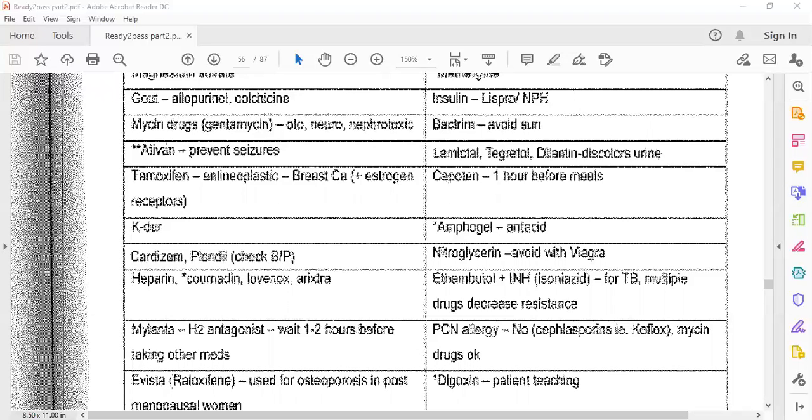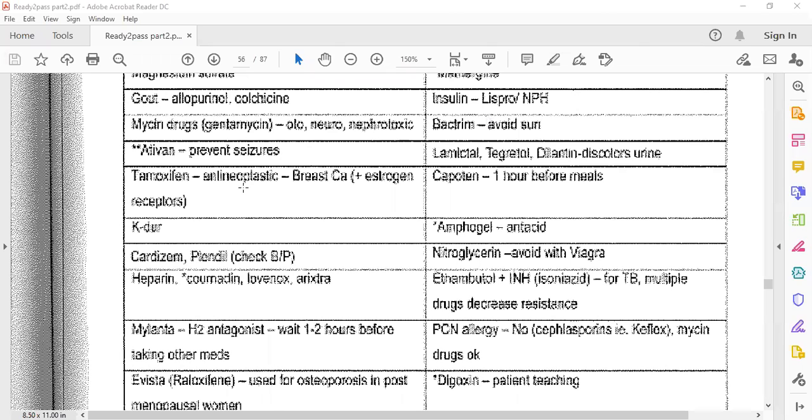What next? Next is called tamoxifen. Tamoxifen we use as an anti-neoplastic or anti-cancer drug.